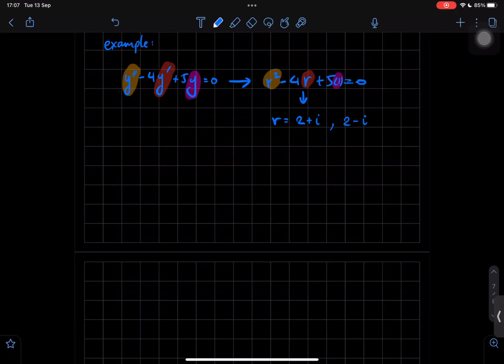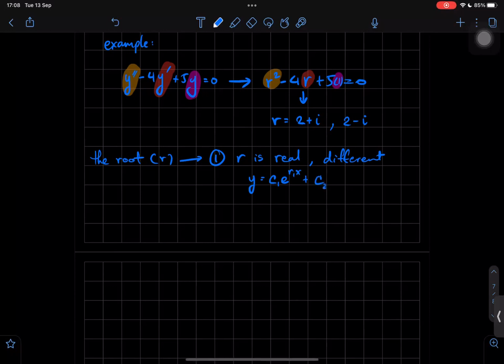So the root, in the first case, when r is real and different, you get y equal to C1 e to the r1 x plus C2 e to the r2 x until Cn e to the rn x.